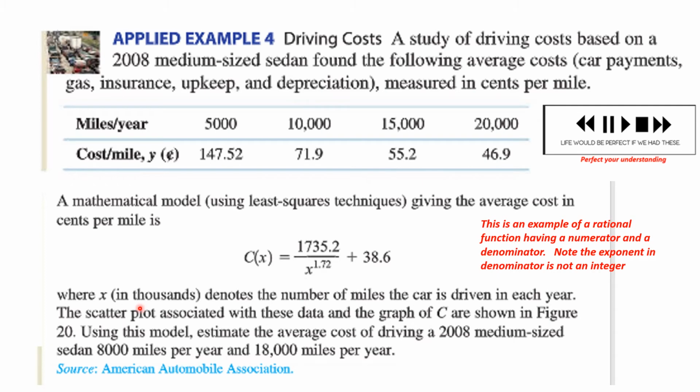And it says x is in thousands of miles. And so we're going to use a scatter plot, and what we're supposed to do is use this model to estimate the average cost of driving a 2008 medium-sized sedan, 8,000 miles a year and 18,000 miles a year. You know what to do.